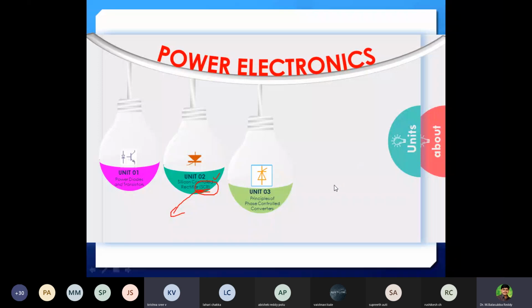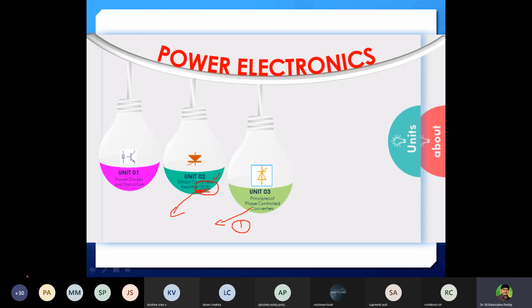Yeah. So now this one, principle of phase control converters. This is the third unit. A very easy unit, a little bit lengthy because more topics need to be covered here, but very simple. In power electronics, majorly we have only 5 controllers, and among the total syllabus we need to discuss these 5 controllers.